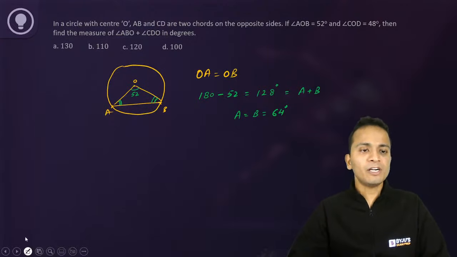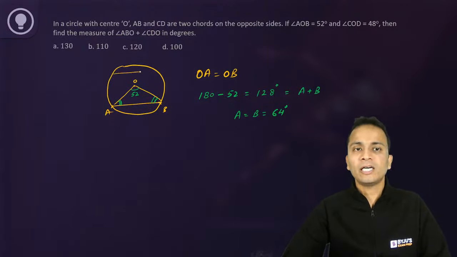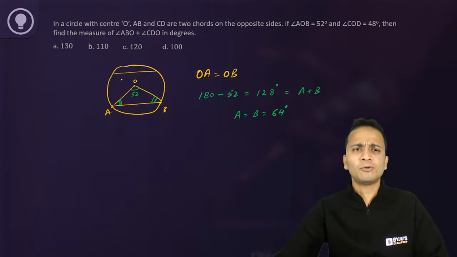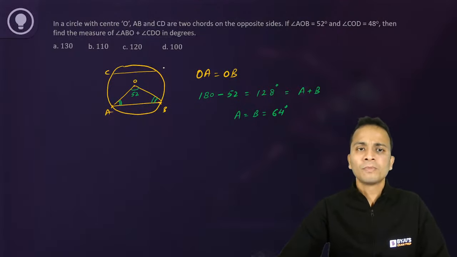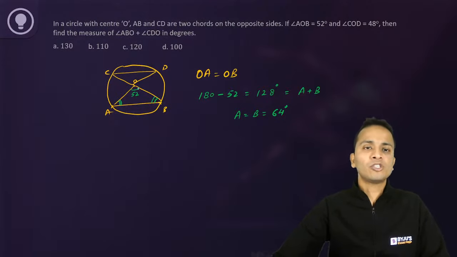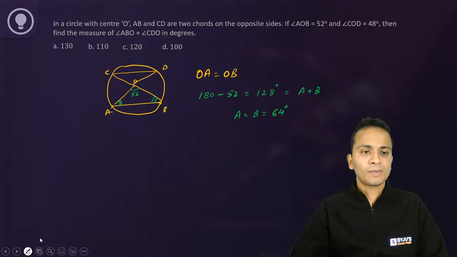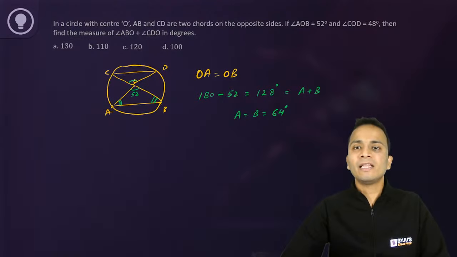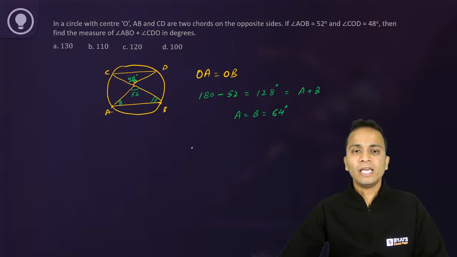Now, similarly, if I draw another chord on the other side of the triangle, wherever it's up to you, you can draw wherever you want to. Chord CD, and join the endpoints of CD with the center of the circle. Okay, so this interior angle now is given as 48 degrees. All right, so again, OC and OD are equal, right?